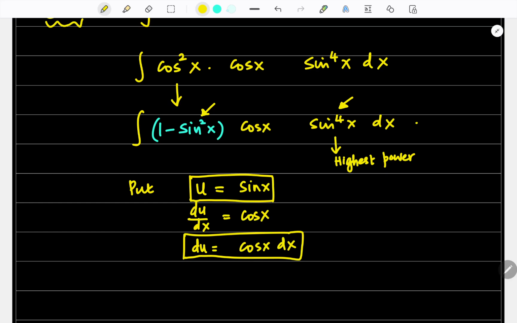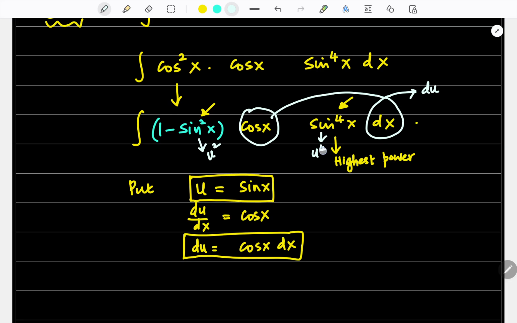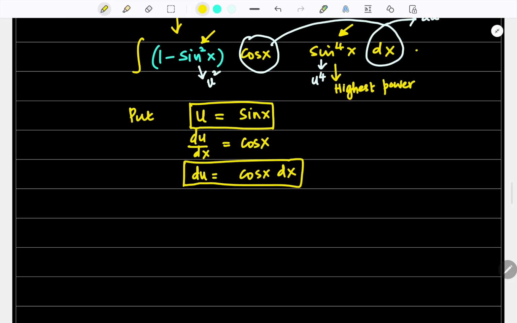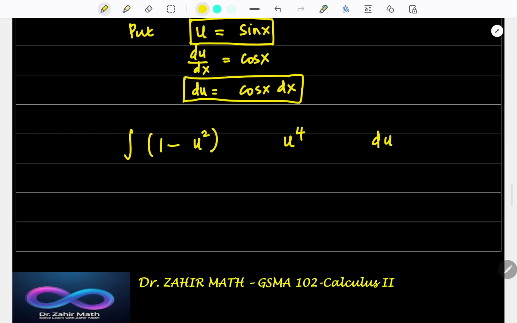Okay. Now how is it going to convert? Look here. This sin²x, you are going to put as u squared. This cos x and this dx will be what? du. And this sin⁴x is also what? u power 4. Wow, fantastic. Nice question. So the integral of (1 minus u²) u⁴ du. Fantastic. Okay. Right.